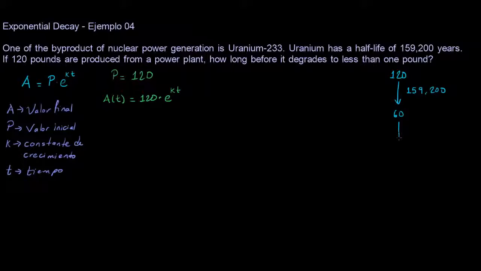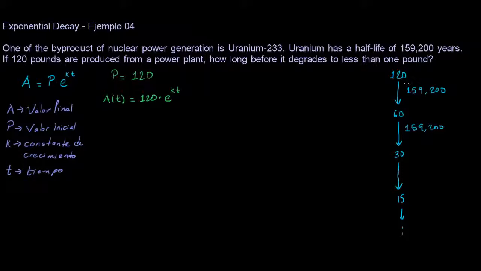If the same amount of time passes again, we will have 30 pounds. Every time you get just half of it, and it will just continue. So we can use this information to find out something.